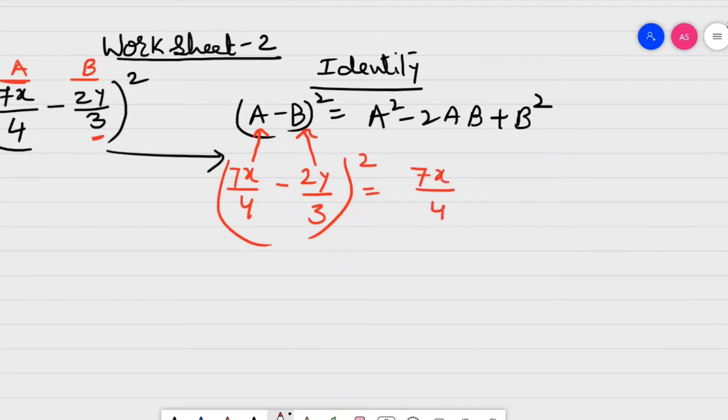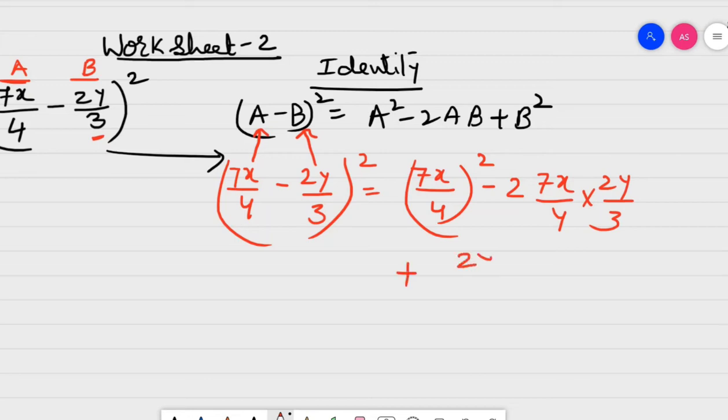First A square means 7x by 4 whole square minus 2 into 7x by 4 into 2y by 3, plus what is your b square? 2y by 3 whole square. Now see children, here you had minus, so minus, here you had plus, so plus. This you have to keep in mind. See, this is a square, this is minus of 2ab plus b square.